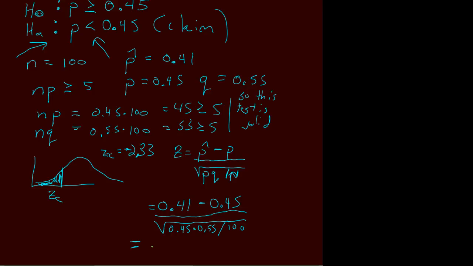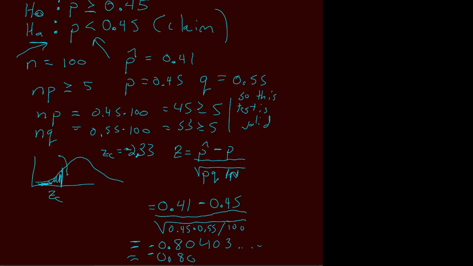Me and the calculator are fighting. The calculator wins. Let me do that again. Second square root. There we go. And I get negative 0.80403, that goes on. And so we'll say negative 0.80.